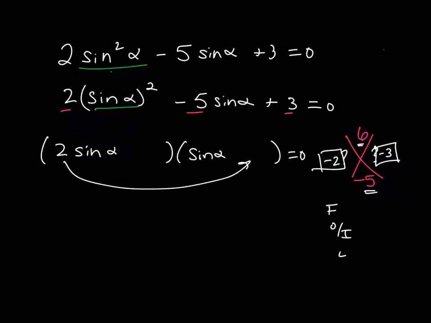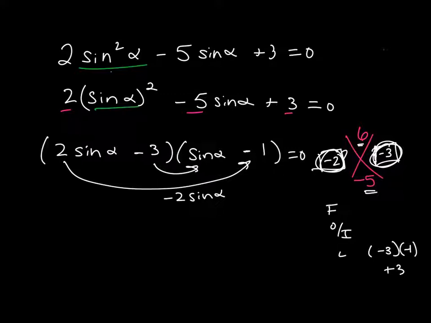Those two products must have coefficients that equal negative 3 and negative 2. So 2 sine of alpha, I need to multiply that times a negative 1. That'll give me negative 2 sine of alpha. And then inside here, I used up my 2, so the next one has to equal a negative 3. And if I check my last term, it's the same thing, negative 3 times negative 1, which gives me the positive 3 that I need.